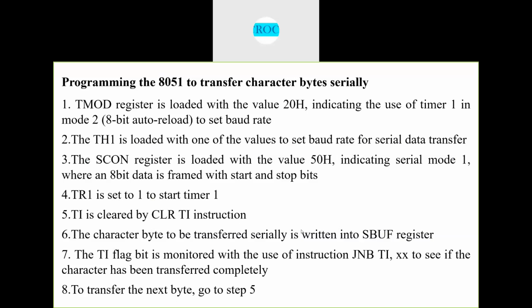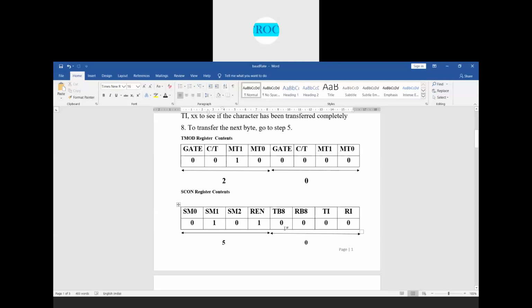Now we studied the TMOD register and also the SCON register. Here, the first step is that the TMOD register should be loaded with 20H. Why should it be loaded with 20H? Because timer 1 has to operate in mode 2 here. The higher nibble is for timer 1 and the lower nibble is for timer 0, and in the higher nibble the two least significant bits, M0 and M1, define the mode of timer 1.